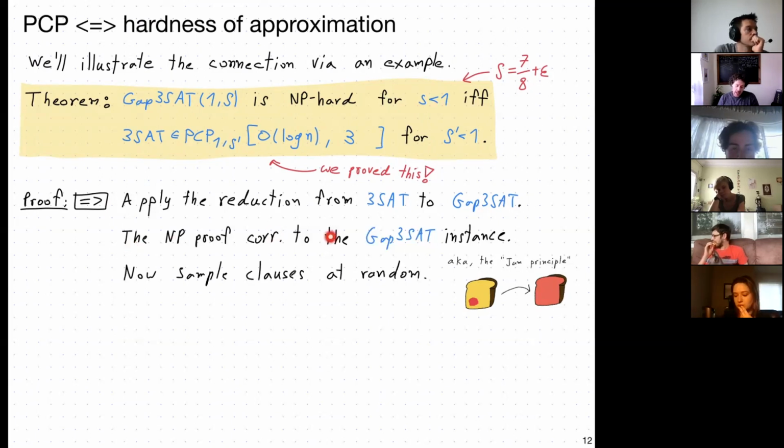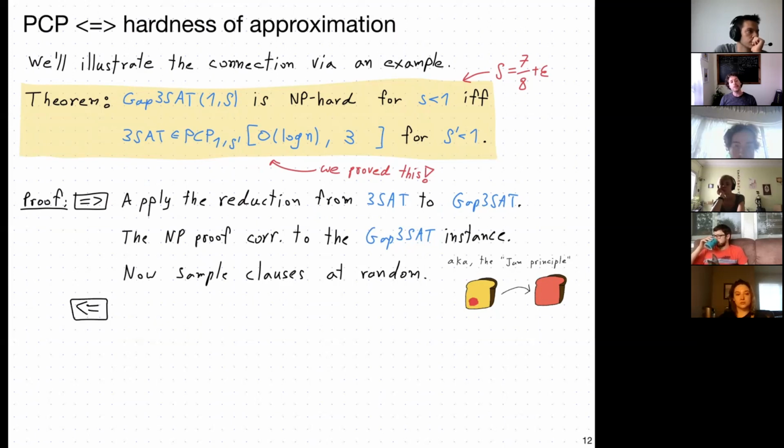And then we can just give an NP proof, which corresponds to the gap 3-SAT instance, and sample clauses at random until we hit a bad one. Because we started with a problem that might have only a single clause that is bad, we would have to probe every clause at random to catch it. But now we've got something which tells us that at least 10% of the clauses would be bad. And so let's take 100 clauses at random, and that would be enough. So that's this side of things.